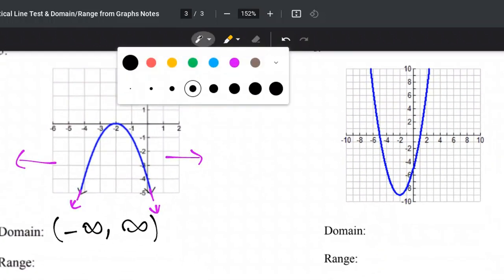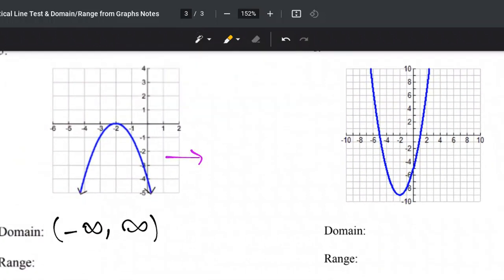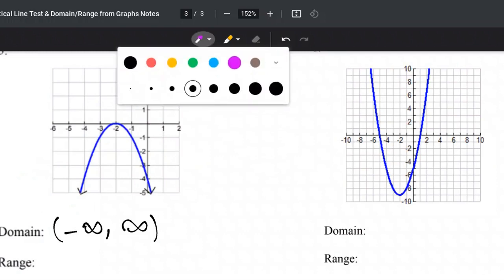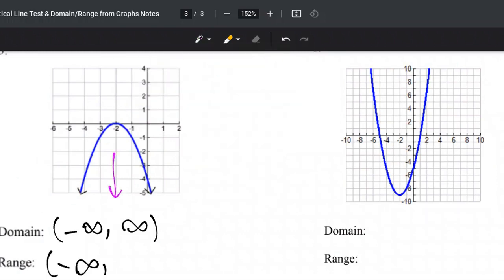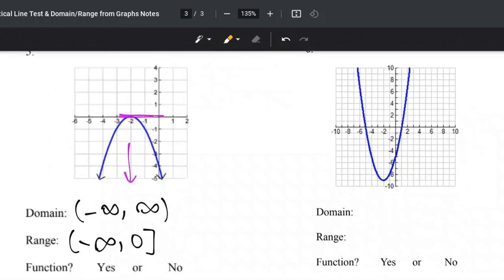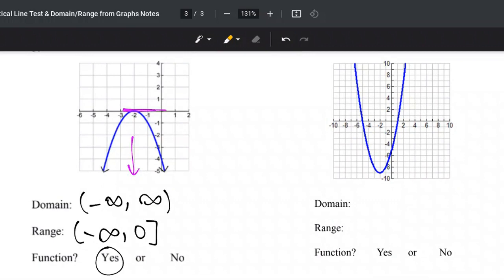How far down does the graph go? Well, the arrows are pointing down, so it's going forever downward, negative infinity. How far up does the graph go? It maxes out here and stops at 0 on the y-axis. Is this a function? Yes. If we draw a vertical line through it, it'll only intersect it at one point.